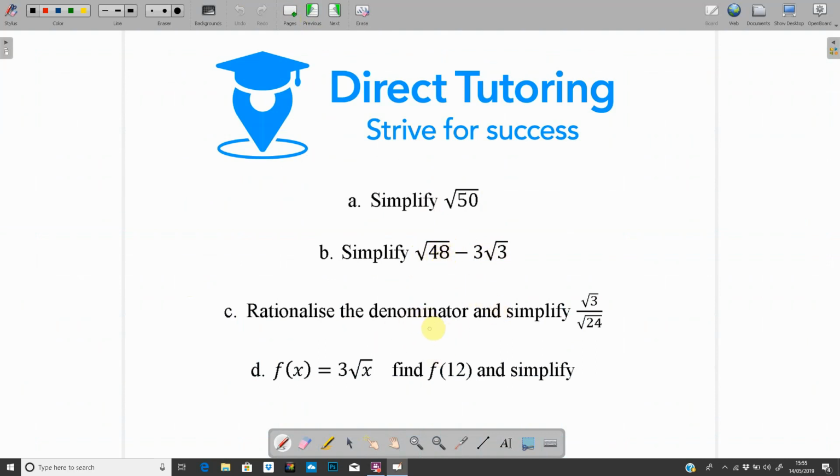To rationalise the denominator, to get rid of the square root sign, you simply multiply the surd by itself, the exact same surd, and that will cancel the square root sign. And a rational denominator is a whole number on the denominator of a fraction. For questions with functions that incorporate surds, whatever the number is, you replace the x and simplify the surd the exact same way as the rest of the questions.